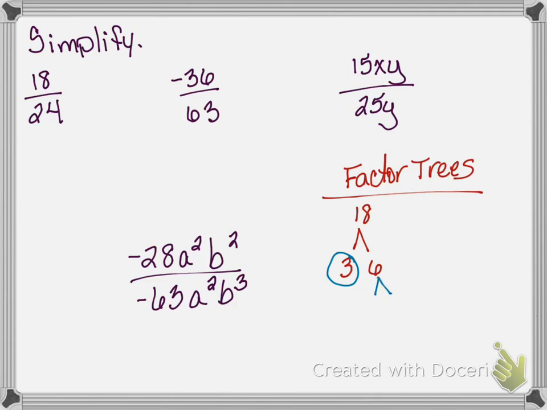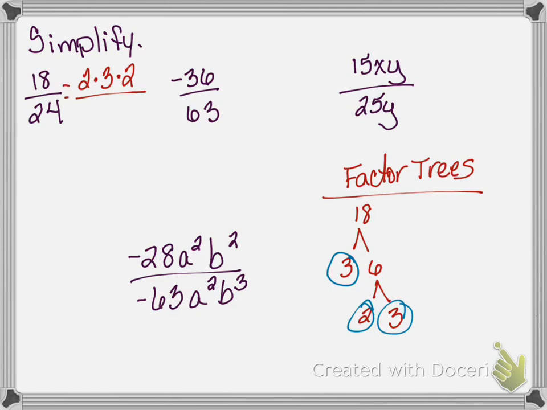What can 6 be broken down to? 3. Not 3 and 3. We're multiplying. 3 and 2. Good. So, my prime factorization of 18 is 2 times 3 times 3. That's the prime factorization of 18.